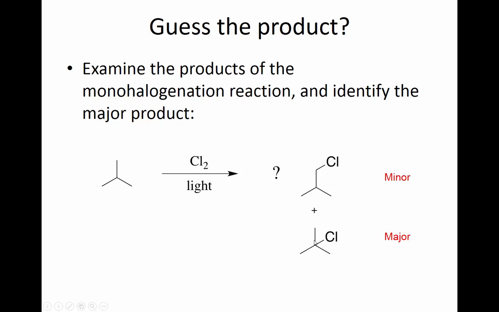It's going to be around long enough to react. That is the major product. This will be made, but it is the minor product. Because this carbon is attached to three other carbons, this methyl group, this methyl group, this methyl group, this is the major product.